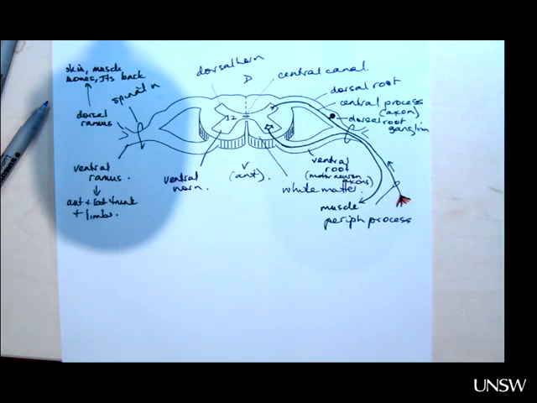So, as I said before, and I think you all know, there are 31 pairs of spinal nerves. There are 8 cervical nerves. There are 12 pairs of thoracic, 5 lumbar, 5 sacral, and 1 coccygeal nerve. And they're named according to the region of the vertebral column where they exit from the vertebral column.